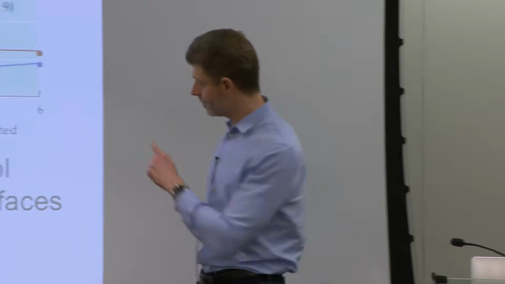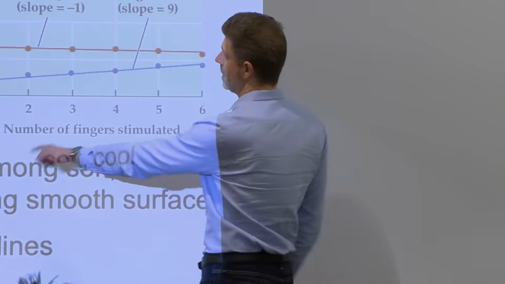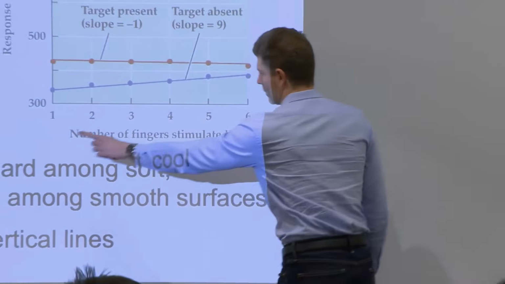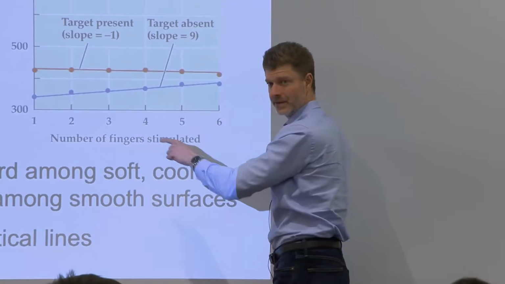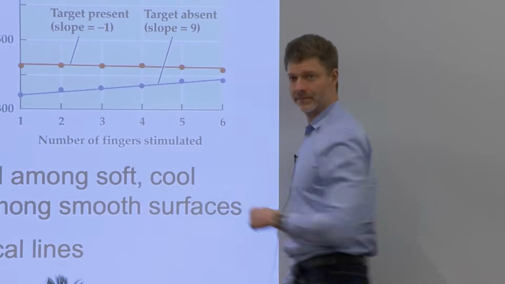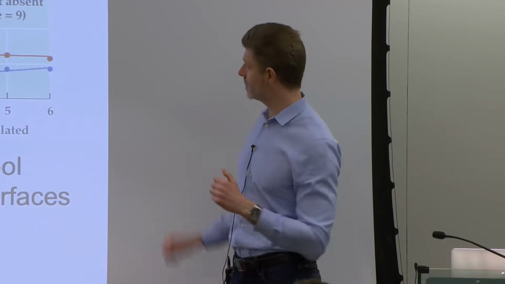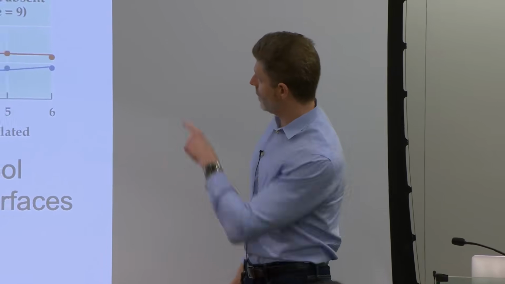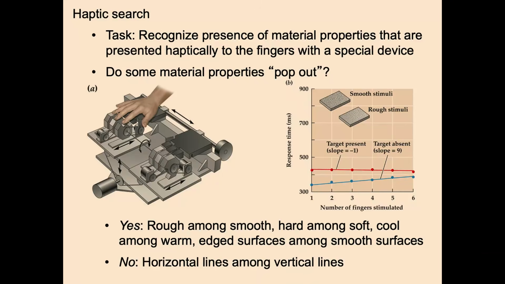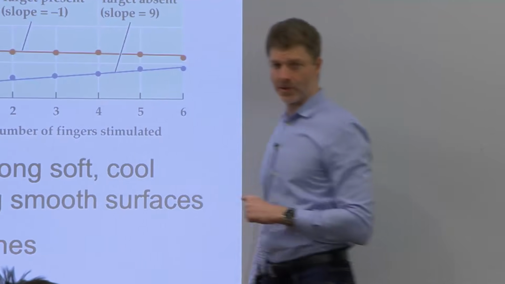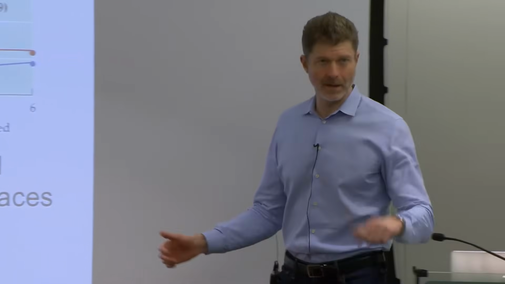So remember, we analyzed visual search results by plotting reaction time versus the number of elements. Here it's the number of fingers, as opposed to the number of line segments or whatever. And when you're searching for rough stimuli among smooth stimuli, you get pretty flat search results, right, indicating pop out.